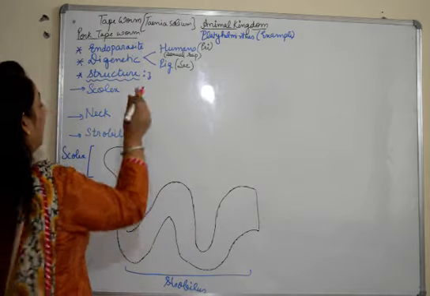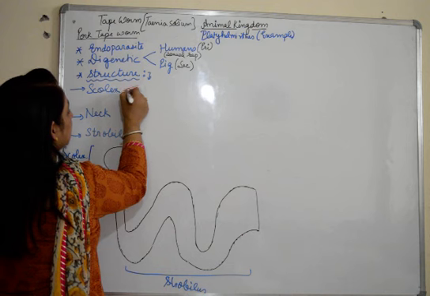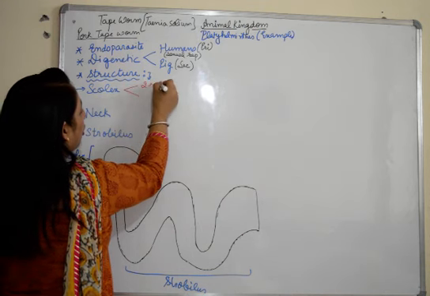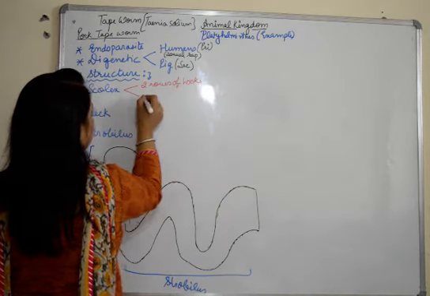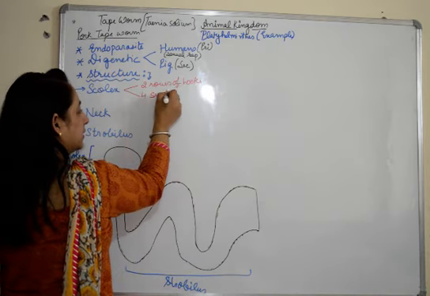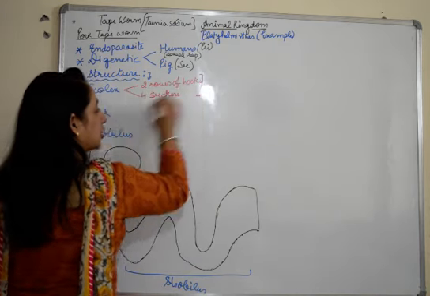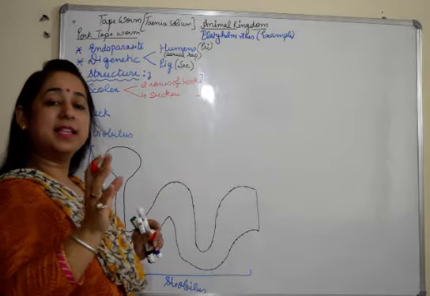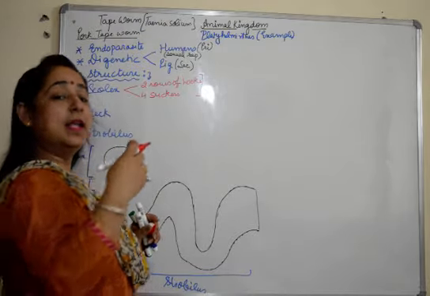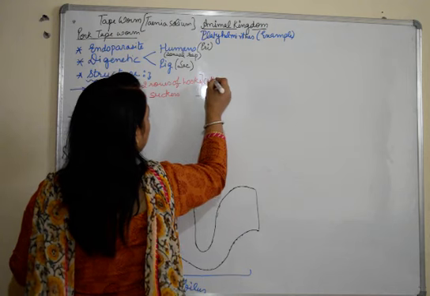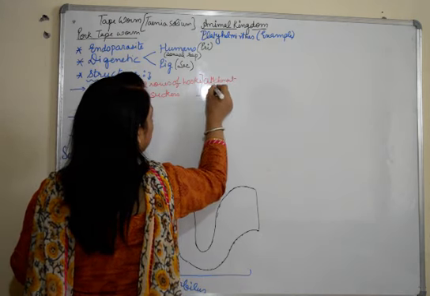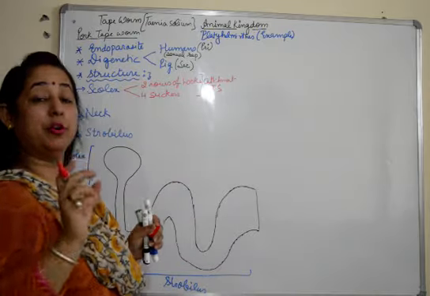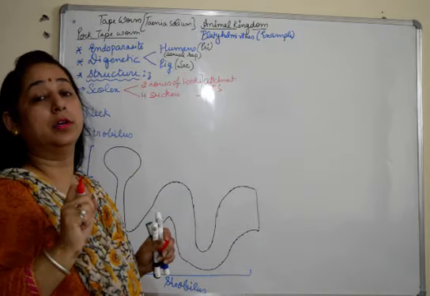Scolex is the head part, and it has two rows of hooks plus four suckers. Both of them, the hooks and suckers, are basically for taking in nourishment, and hooks help in attachment of Taenia solium or tapeworm to the intestine of the host.